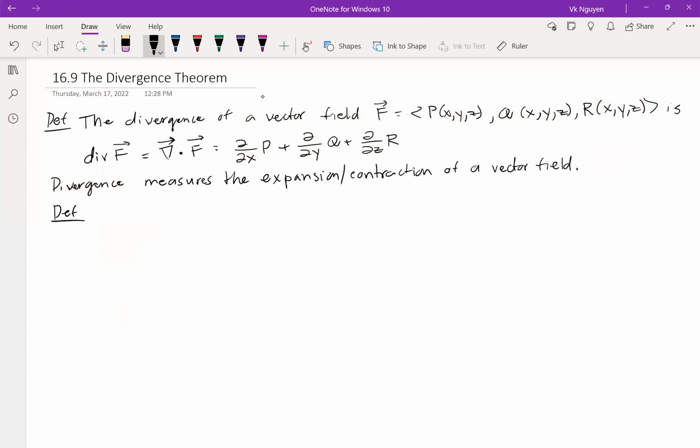A solid E is said to be a type 1 region if it lies between two surfaces.